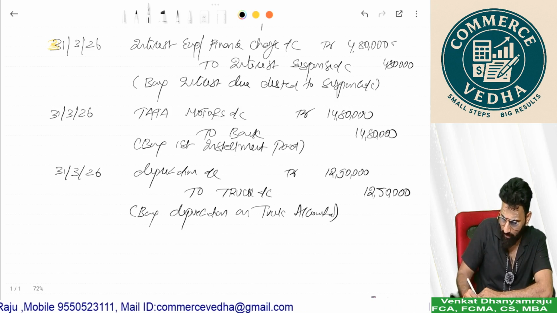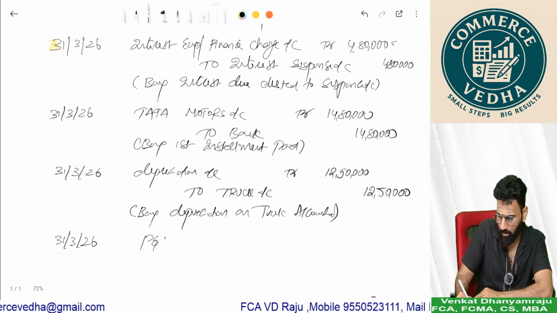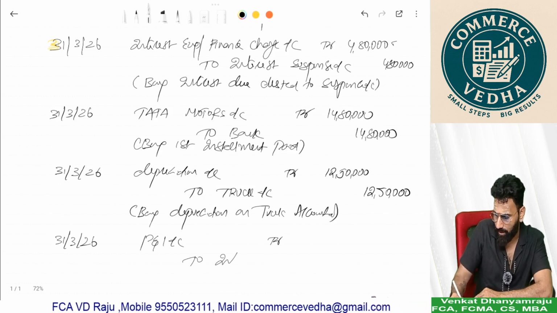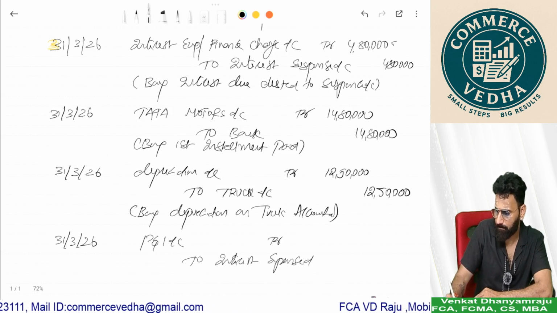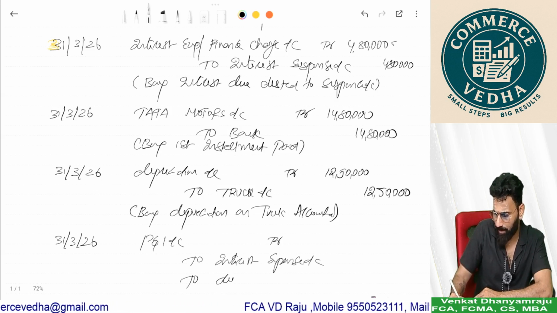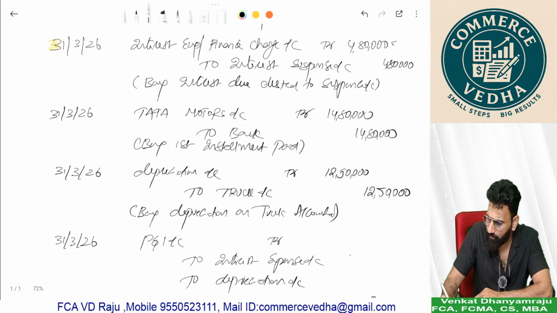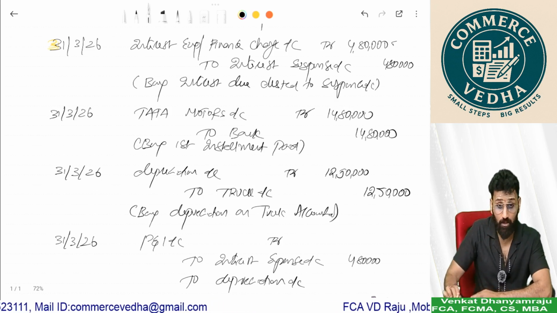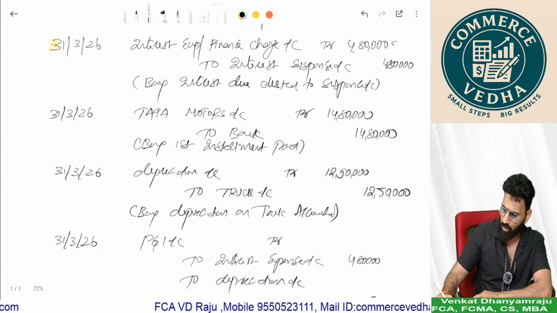And finally on the same date, what shall I do? P&L account debit to interest expense to depreciation, which is 4 lakh 80, and expense, not suspense, interest expense. Suspense already reversed for the first year.